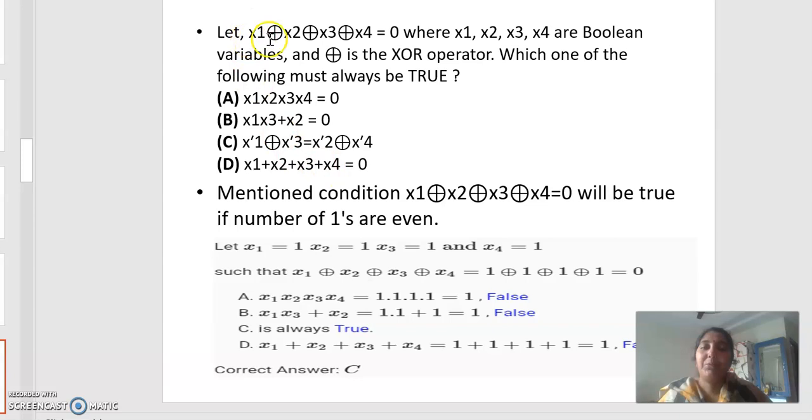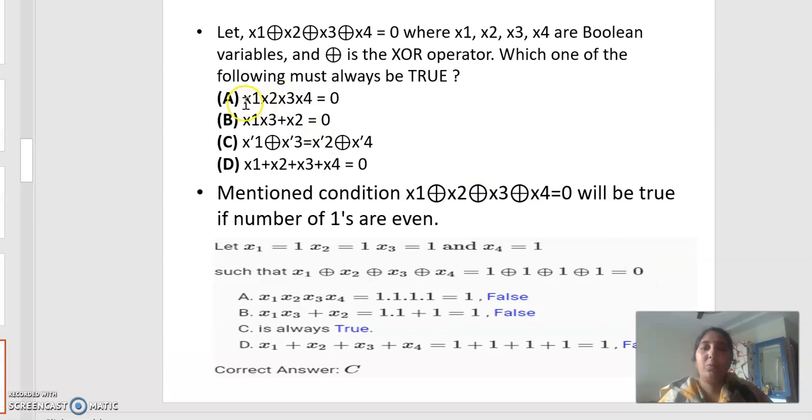As per this condition, whenever the XOR output value equals 0, the number of ones is even. First we check one condition where we consider all of x1, x2, x3, x4 equal to 1. If you substitute 1 in this expression, we get 0.